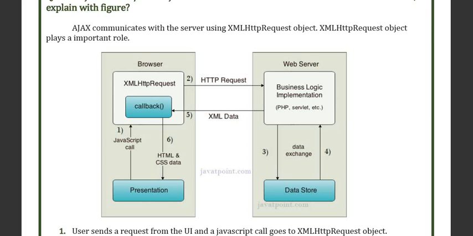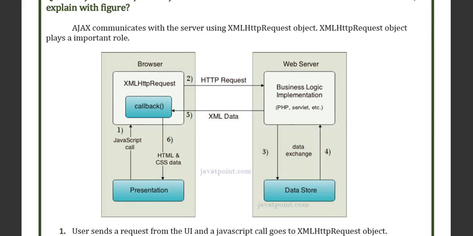Then you generate the HTTP request to the server in section number 2. In section number 3, which is on the server side, in the business logic section with PHP and servlet, you have the data exchange with the data storage requested by point number 3, and point 4 retrieves the data.